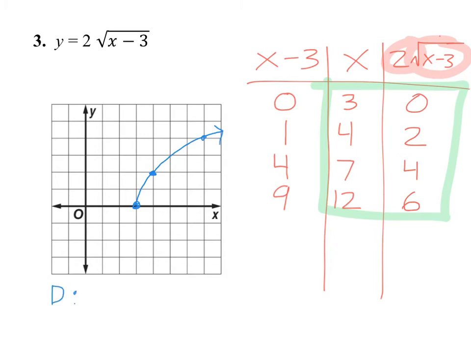For our domain and range, the numbers come from your table, and you just have to figure out which way the inequality points. Our x's stay above 3, and our range looks like the y stays above or equal to 0.